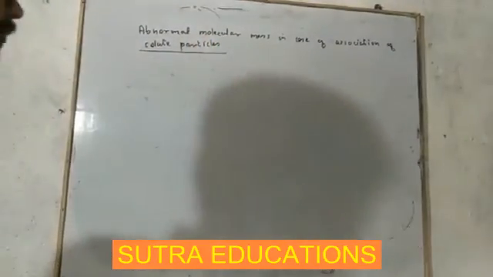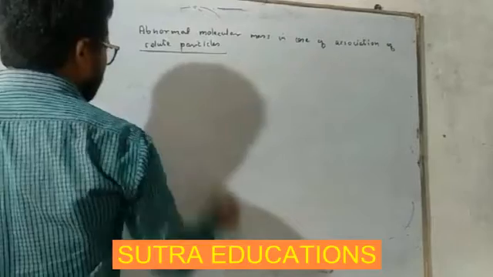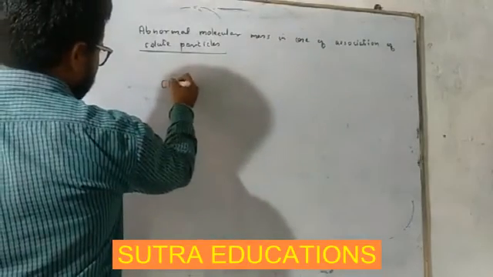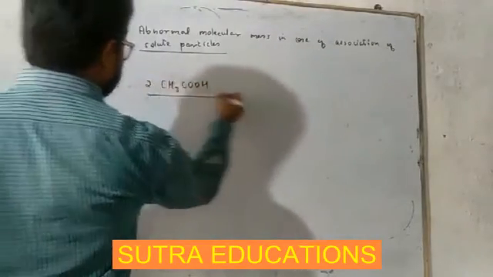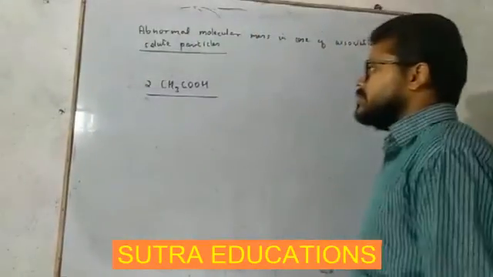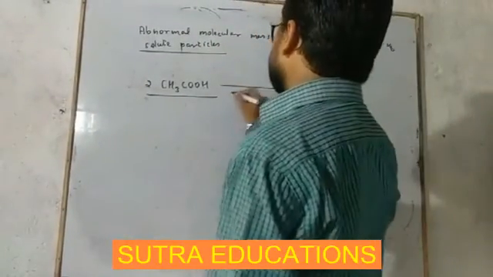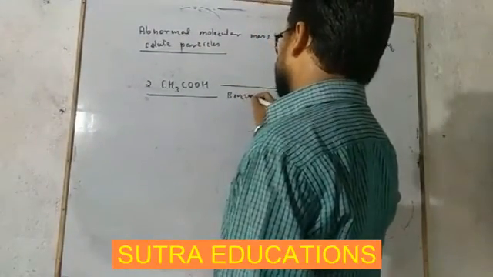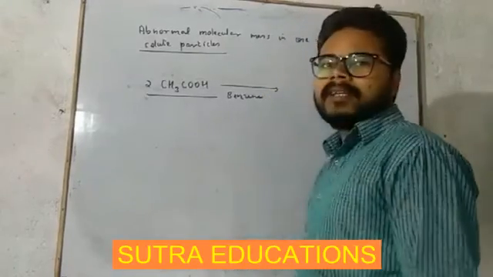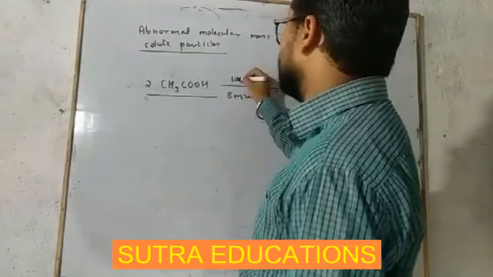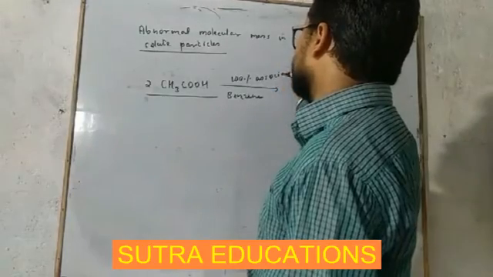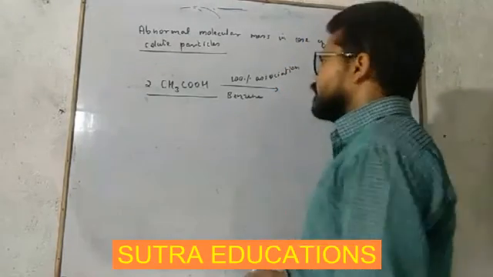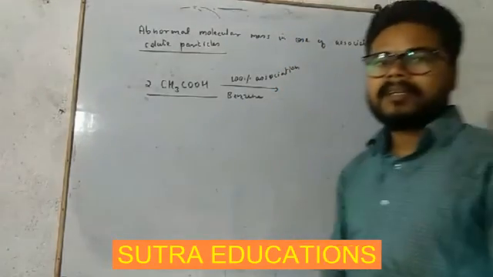Say it is CH3COOH, 2 moles of CH3COOH in benzene. If it is 100% associating, then it will dimerize.